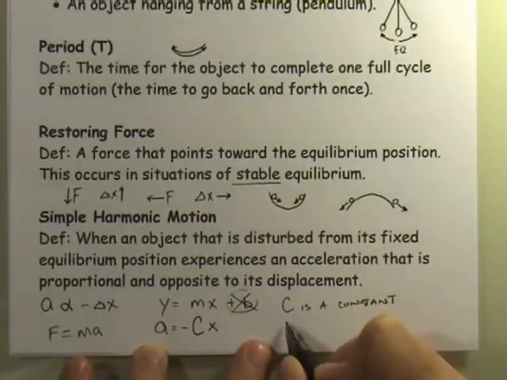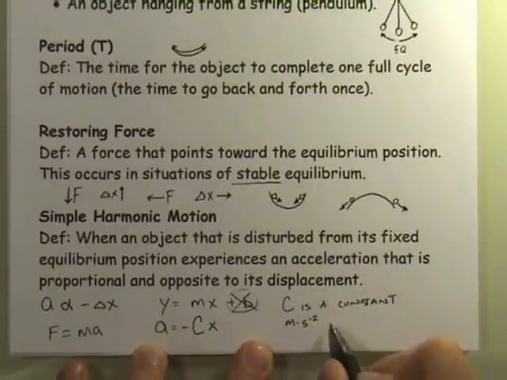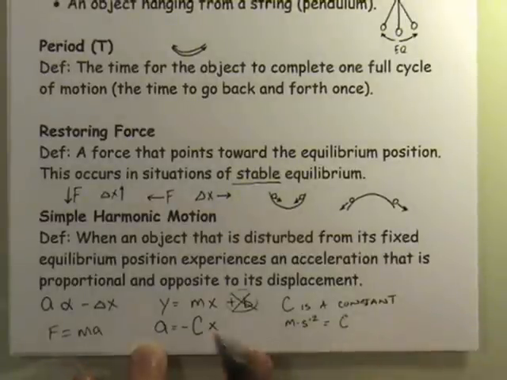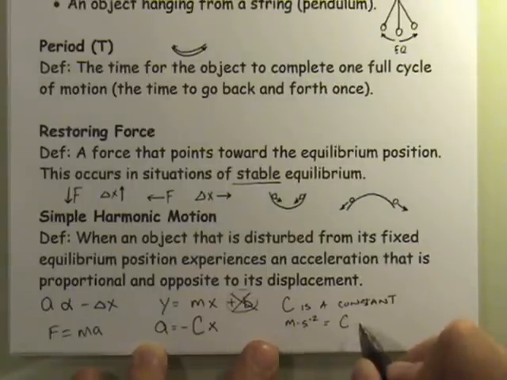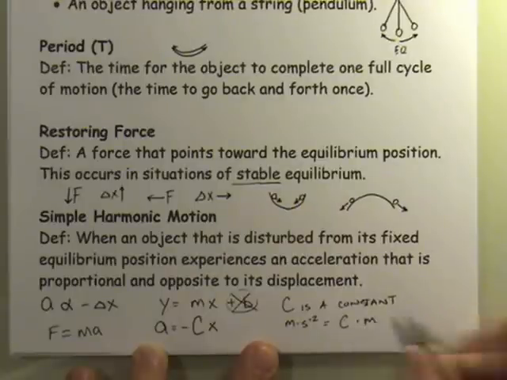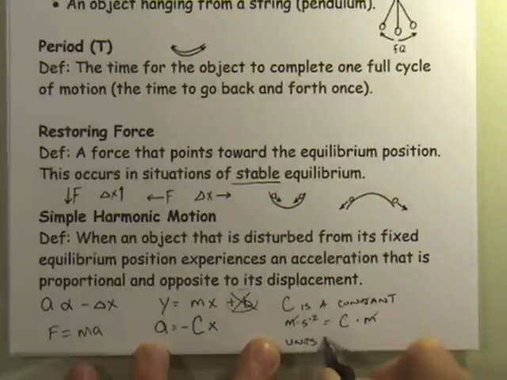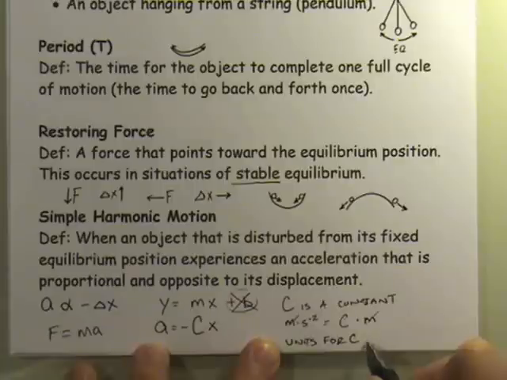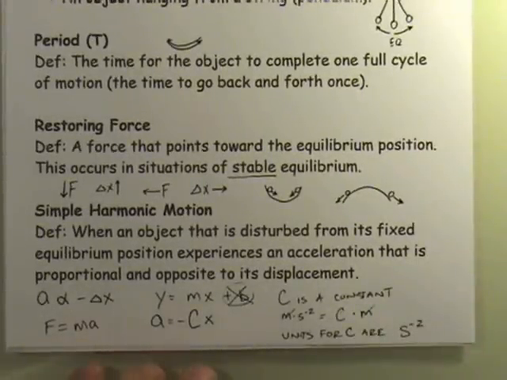And we can take the equation A equals minus CX, that's meters per second squared, and that must be equal to some constant. I'm going to leave out the negative for right now because the negative has nothing to do with the units. And the displacement then would be in meters. Well, you can see that these meters will cancel those meters, and therefore the units for C are inverse seconds squared.